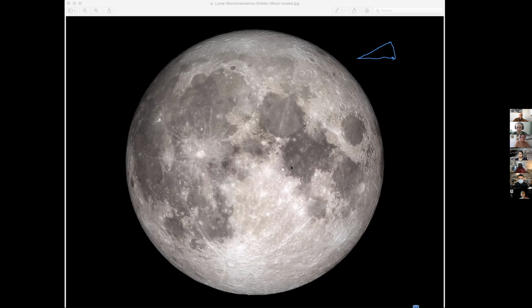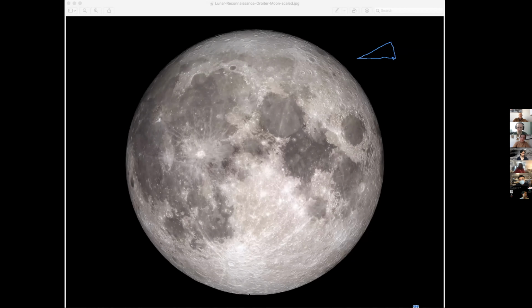So it was basically flying over the landing site pretty much every orbit, so every 90 minutes, which meant that pretty much any time the crew on the ground wanted to leave, if there was an emergency and they had to leave early, they could leave and do a rendezvous with the service module. What happens when we go to the South Pole?